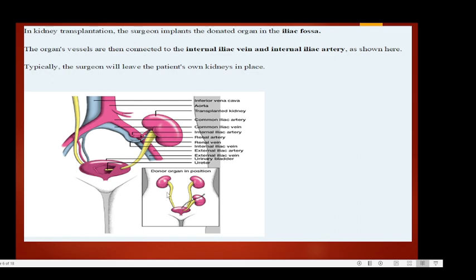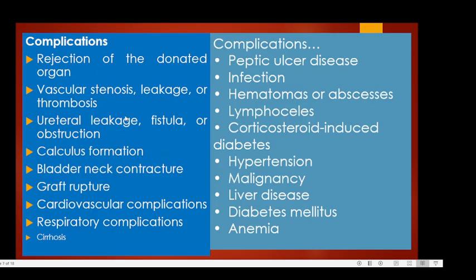Okay, great, guys. So what are some of the complications of kidney transplant? Number one, we have rejection of the donated organ. It could be hyperacute, acute, or chronic. We'll also be looking at this in detail so that you'll be able to describe it deeper, because this is the main type of complication.